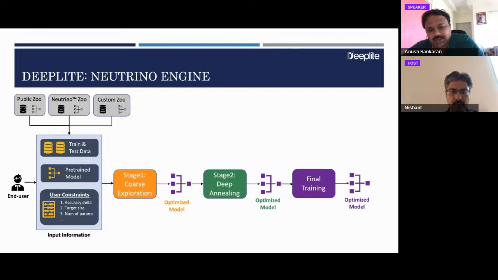So from something that is a completely intractable solution, this is a tractable solution where the end users could still see the optimized model in close to real time.